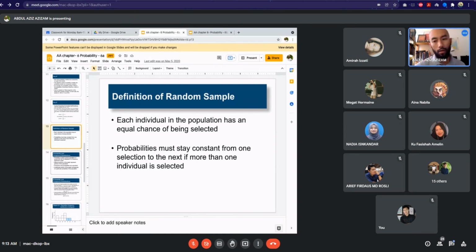Okay. Why do you think random sampling is related to probability? Why? Why random sampling is related to the probability? Why we talk about random sampling in the topic of probability? Why? Kenapa?